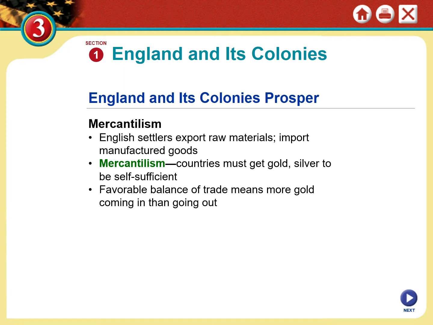Mercantilism is the idea that countries must acquire great sums of wealth to be self-sufficient. And English settlers were in the process of acquiring wealth for themselves by exporting raw materials. That's what they were beneficial for to England.